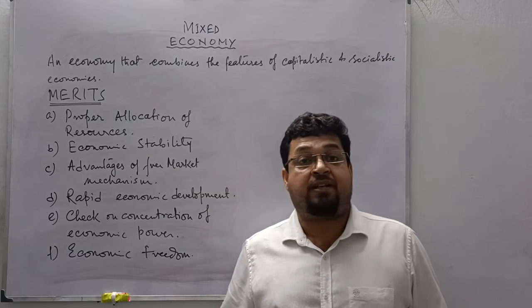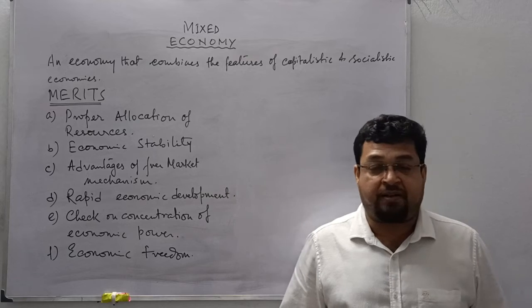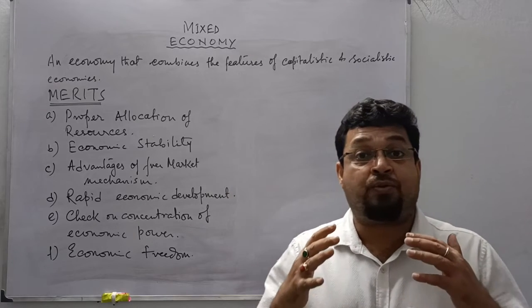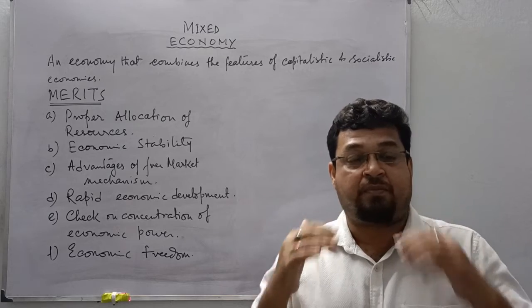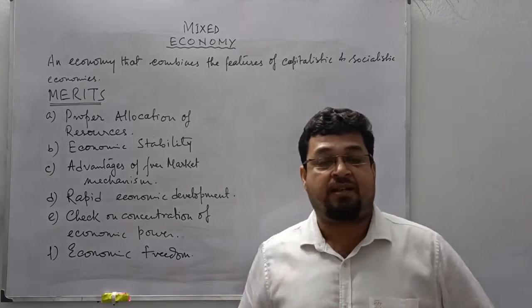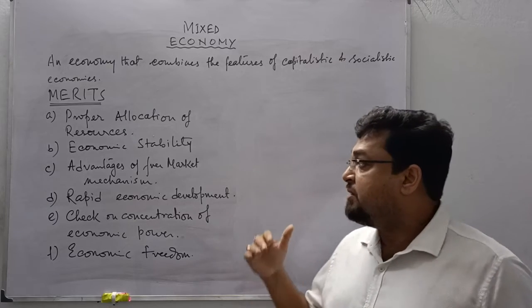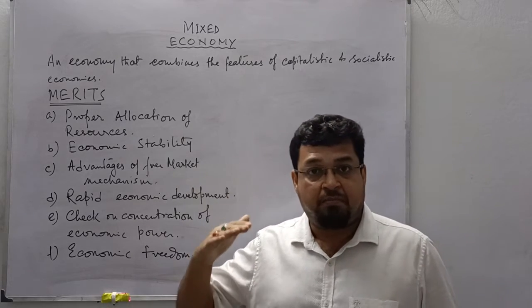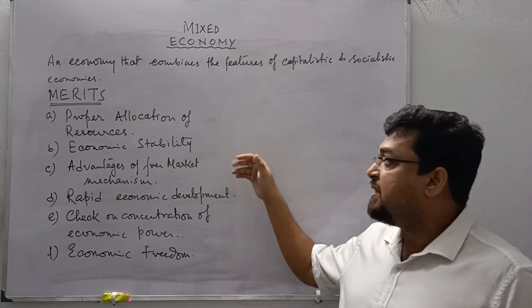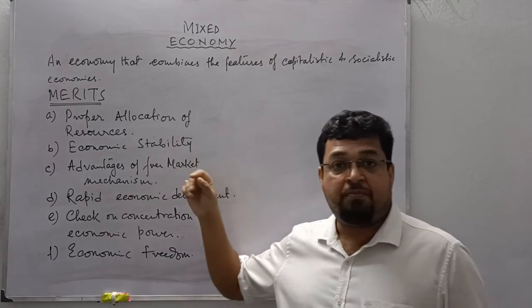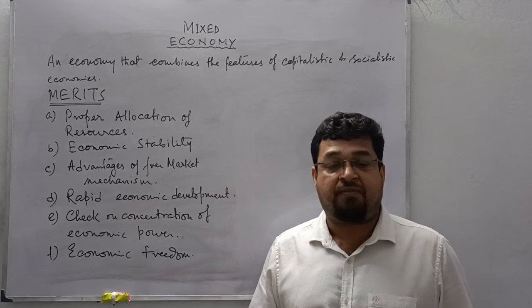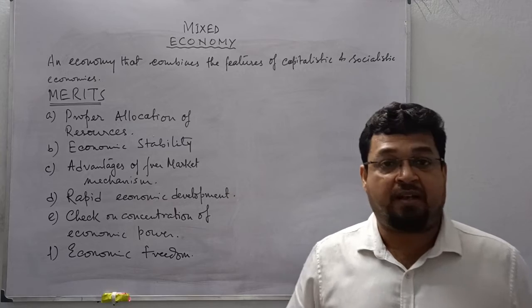Otherwise, the automatic adjustments by the market forces of demand and supply are enough to bring those fluctuations into a stable state. It may require some time, but it gets adjusted. So the economic situation of being unstable can be easily adjusted in the market itself, and stability is again achieved.